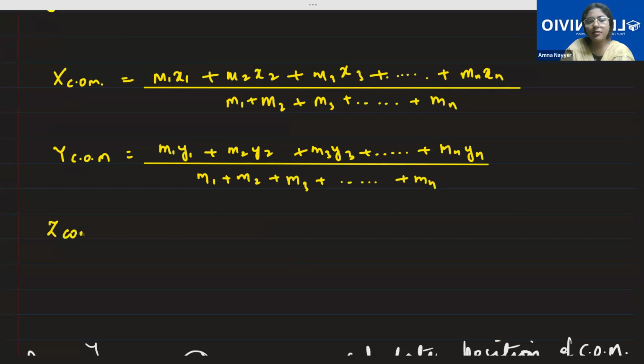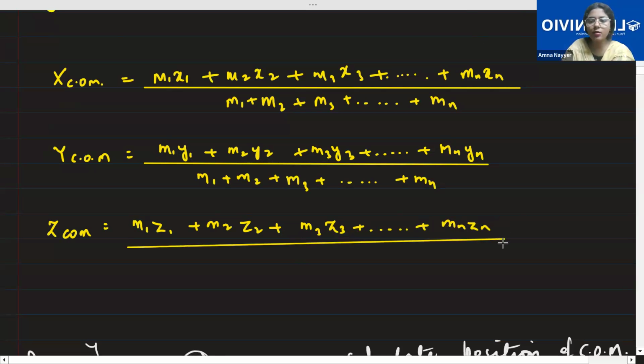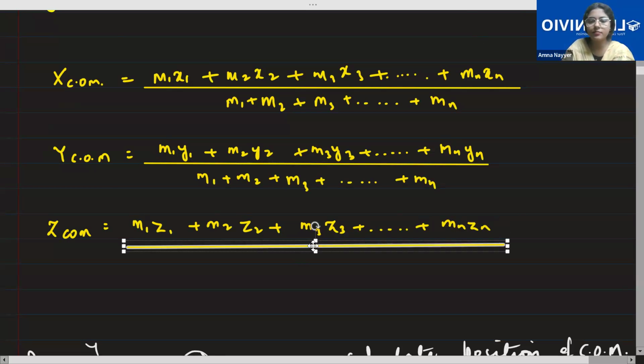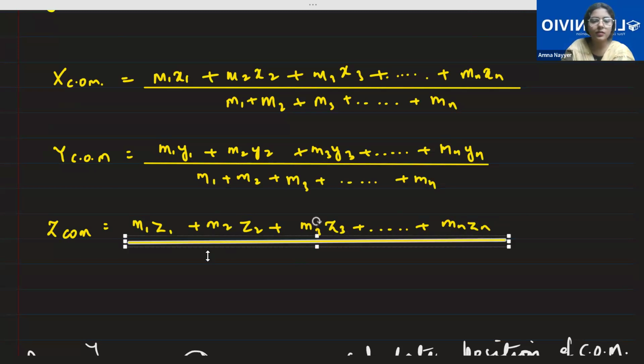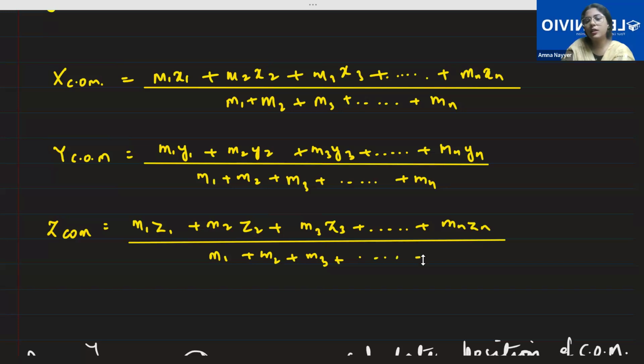Then similarly, for the z-axis, you put M1z1 plus M2z2 plus M3z3 plus till Mn zn, divided by the total mass, M1 plus M2 plus M3. Like this, you will have all of it.